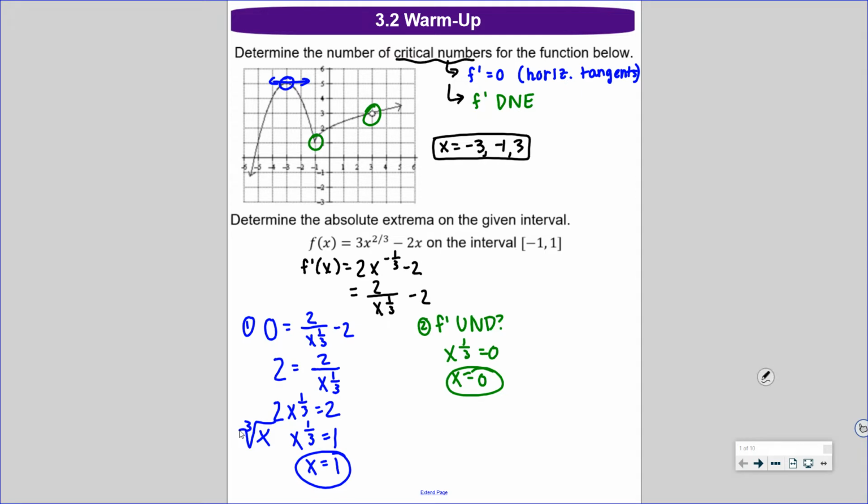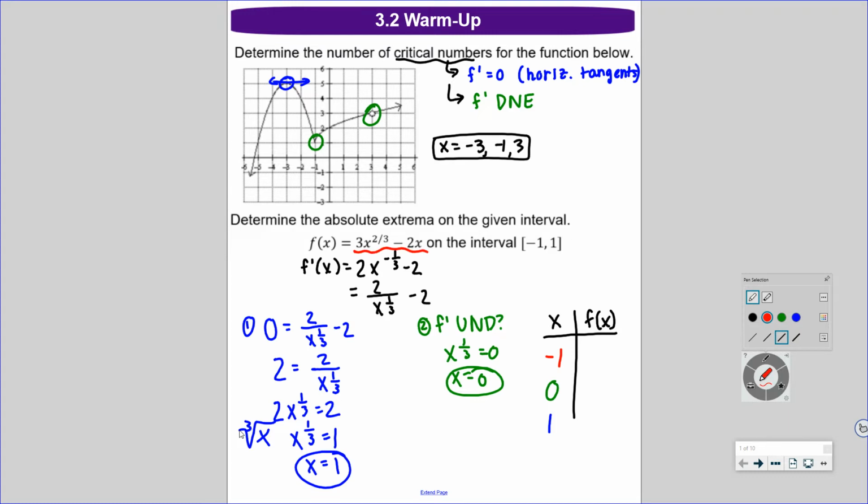So when I go to make my table, I need to test my endpoint -1, my critical point of 0, and then my critical and endpoint of 1. All right, when I plugged -1 into here, I got 5. 0 is obviously 0. And when I plugged in 1, I got 1. So -1, 5 would be my max.